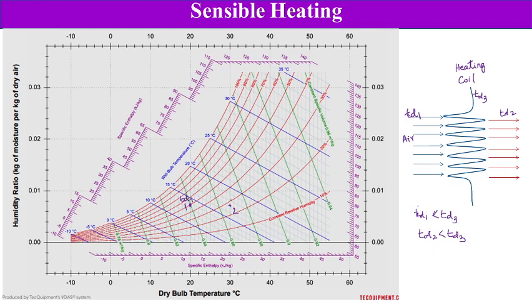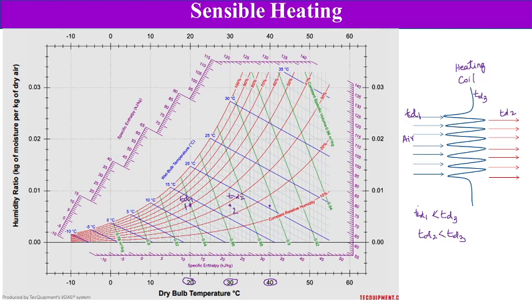The temperature of the heating coil is TD3, say 40 degrees Celsius. So TD3 is 40 degrees Celsius, TD2 is 30 degrees Celsius, and TD1 is 20 degrees Celsius.